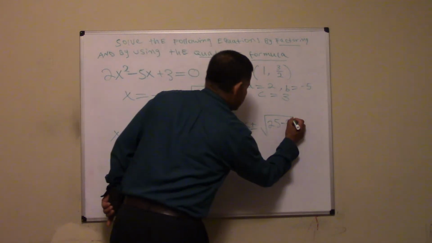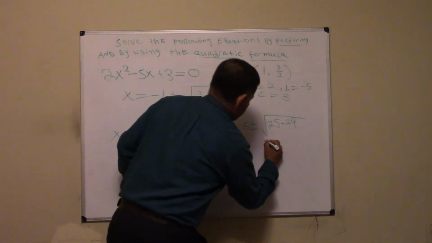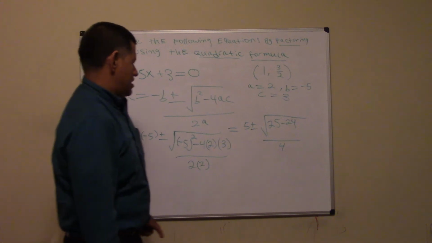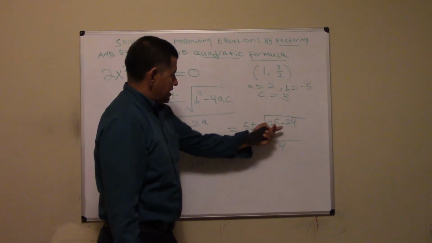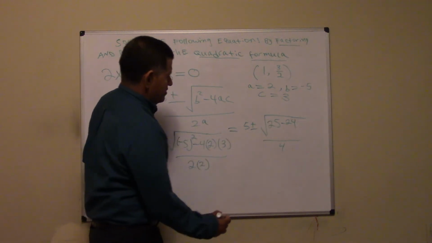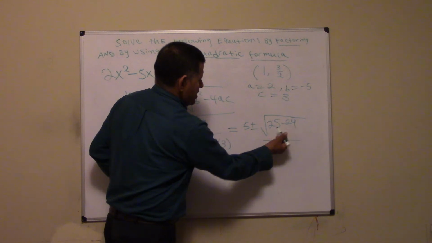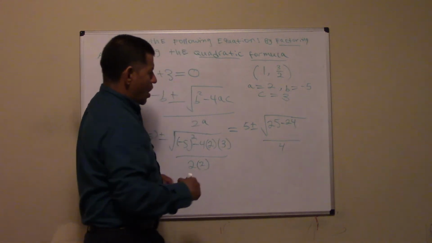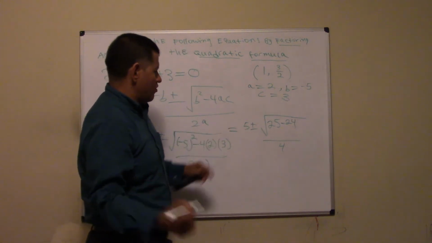Then on the bottom here I get 4. Now when I simplify this, this becomes the square root of 1, because 25 minus 24 is 1, and the square root of 1 is just 1.